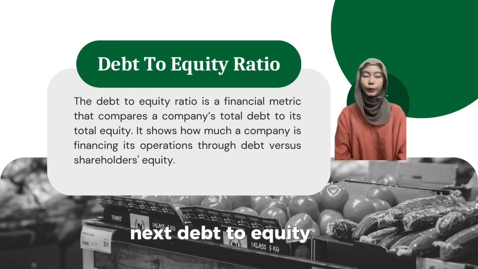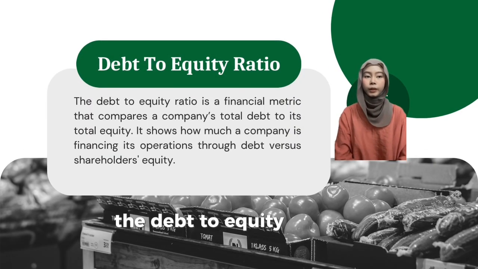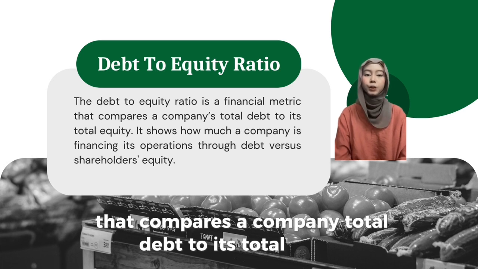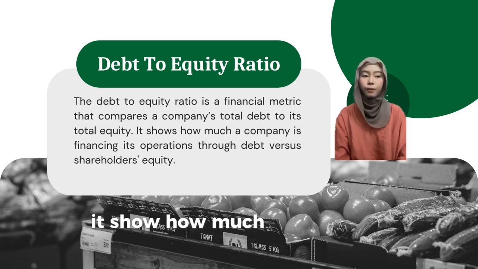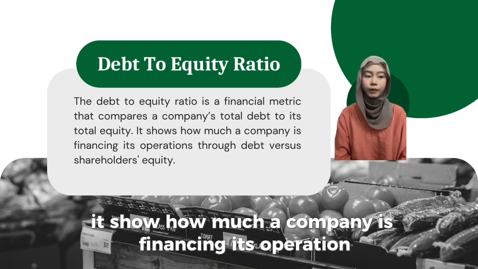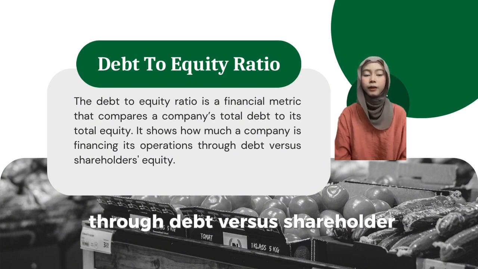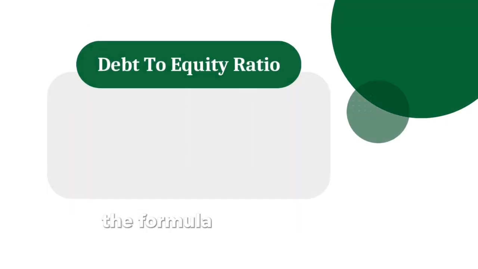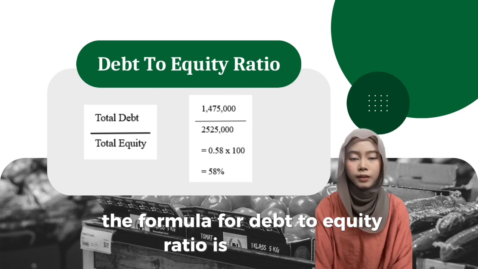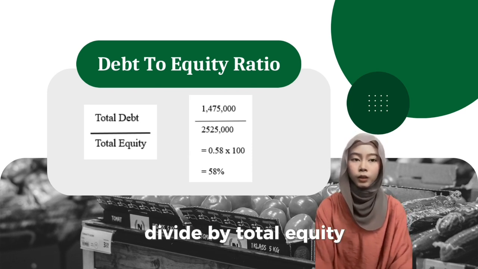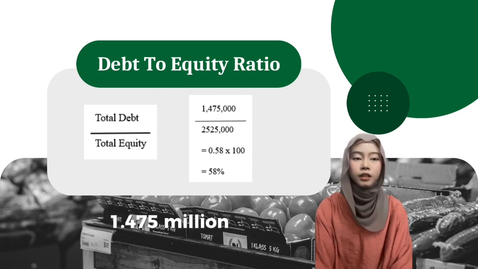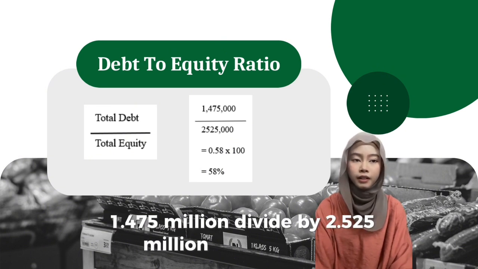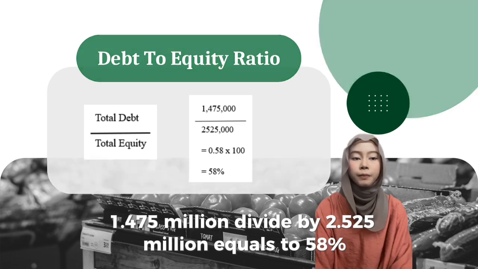Next, debt to equity ratio. The debt to equity ratio is a financial metric that compares a company's total debt to its total equity. It shows how much a company is financing its operation through debt versus shareholder equity. The formula for debt to equity ratio is total debt divided by total equity. 1,475,000 divided by 2,425,000 equals to 58%.